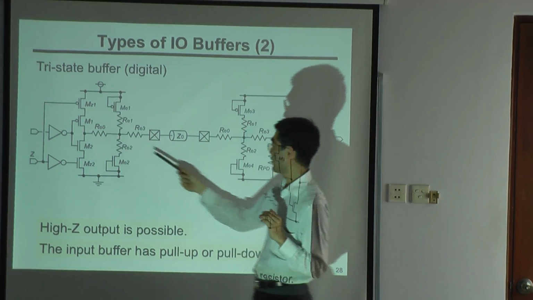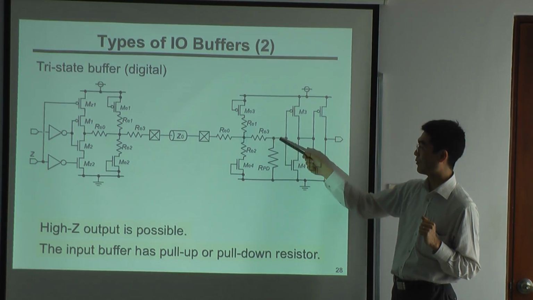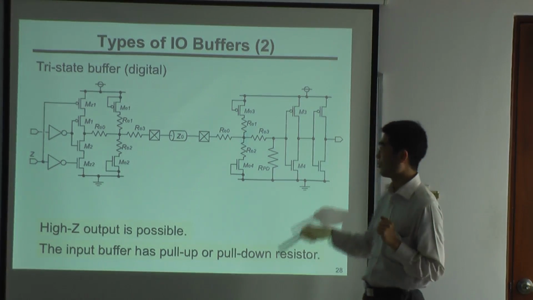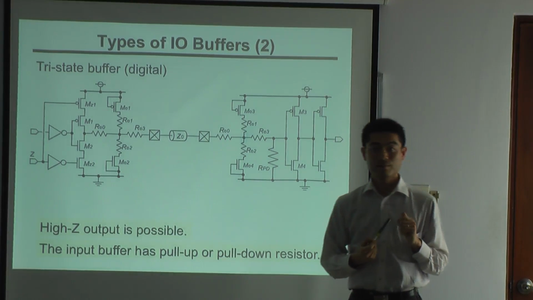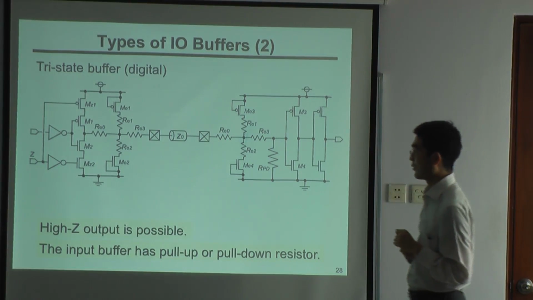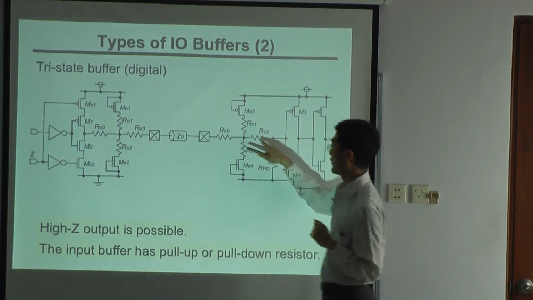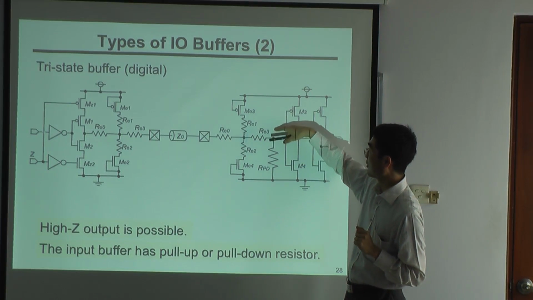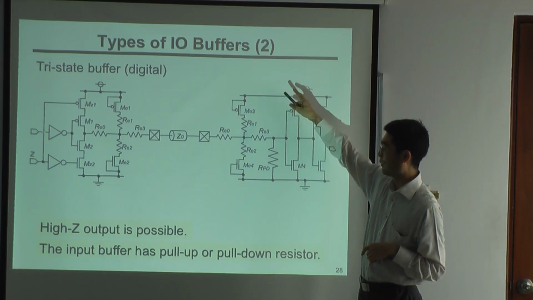When it's open, this resistance will pull this load down to ground, so that we will not have through current from VDD. So for high Z outputs, we have to pull down the transistors. And when this is connected to VDD, we call it a pull up resistor.